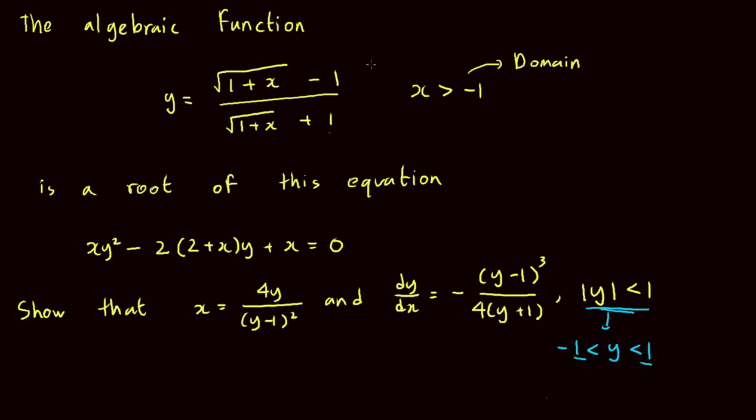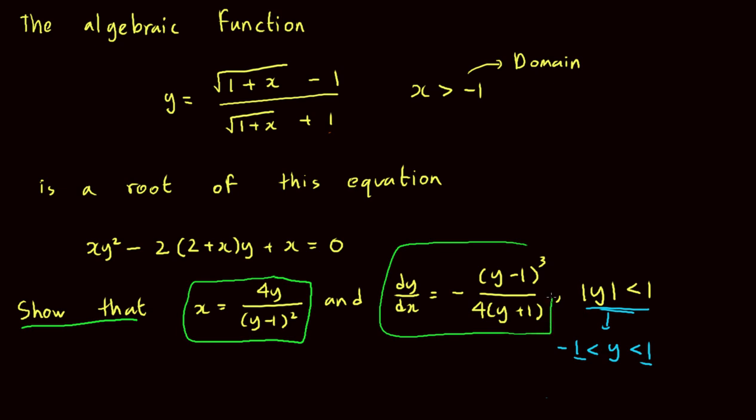I'll give you a bit of time to pause and try to do two things. The first is to show that we can get x is 4y over (y minus 1) squared, and then to find the derivative of y with respect to x in this particular form.